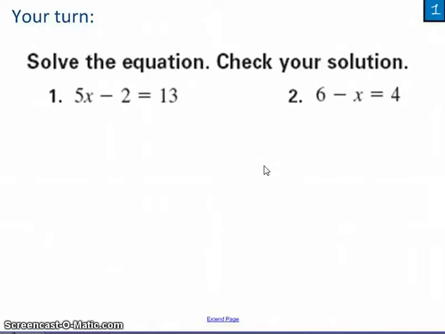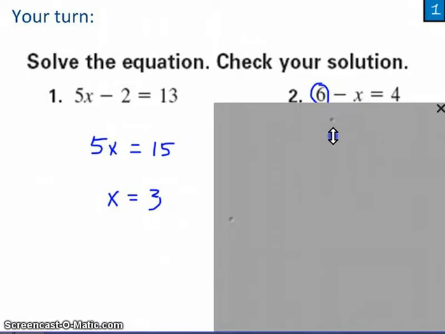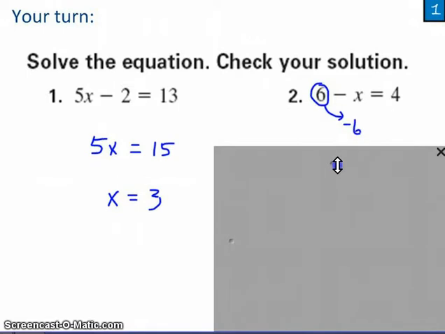Okay, I'm going to assume that you've done that. Let's look at the one on the left here. You moved the 2 over first, I hope, and got 5x equals 15. Then you divided away the 5, and you got x equals 3. Now on the right side, you remember you had 6 minus x. You want x by itself, so you've got to move that 6 over.